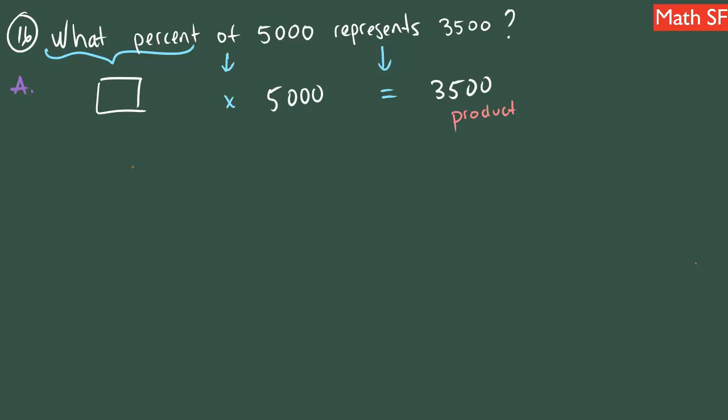So therefore, we must divide. But what am I going to divide? The product divided by the known multiplier. So in this case, the product, because we labeled it, is 3,500 divided by the known, or given, multiplier, which is 5,000. So you can put that like this.